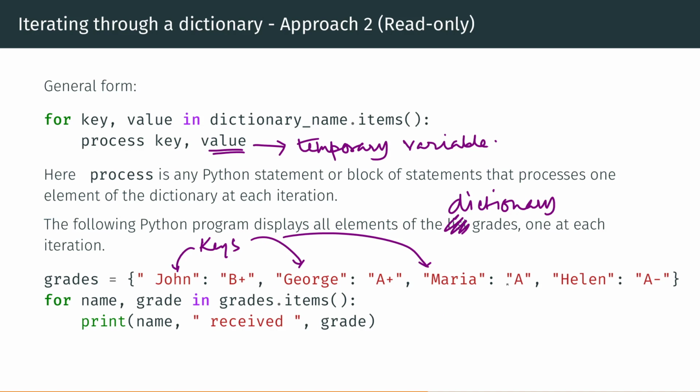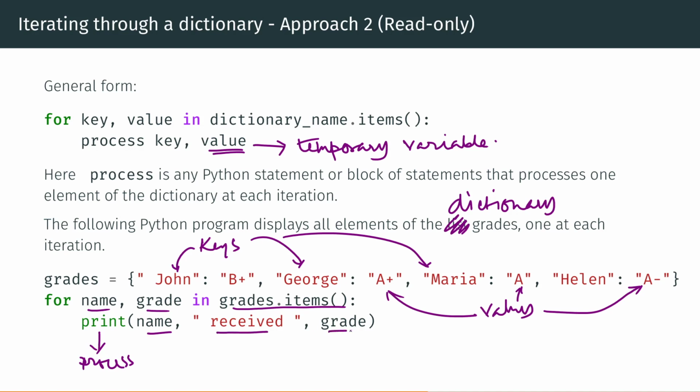And then B plus, A minus are the values. So here we say for each key, value in the dictionary.items(), print, that's our process, print the key received value. So this will print John received B plus, George received A plus, Maria received A, Helen received A minus.